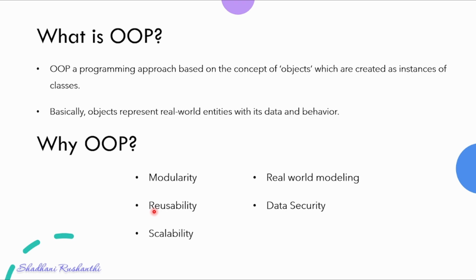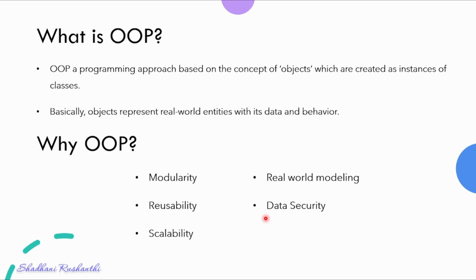Also, with the concept of inheritance and polymorphism, it reduces the number of code lines that we have to write. Scalability is also another important feature, where we can modify the existing code or add new features to each class. With object-oriented programming, we can represent real-world entities in our code.